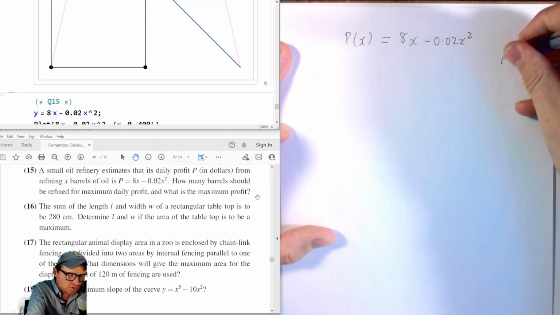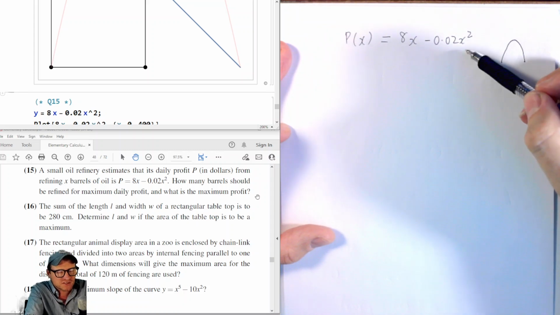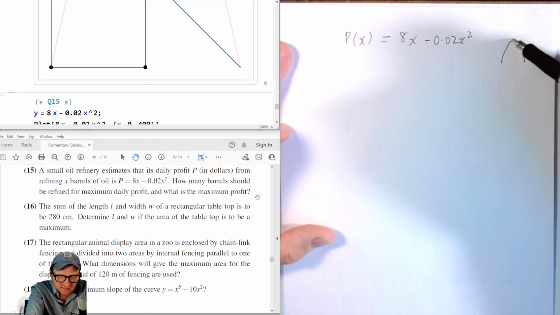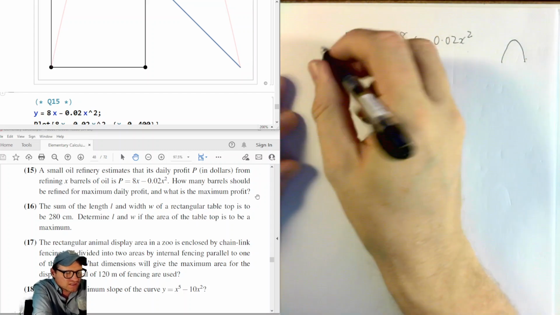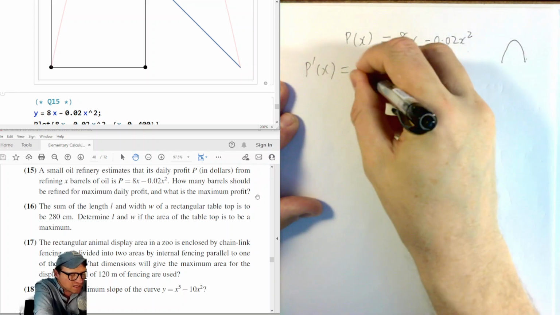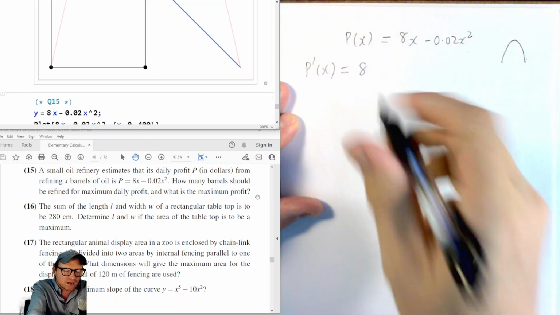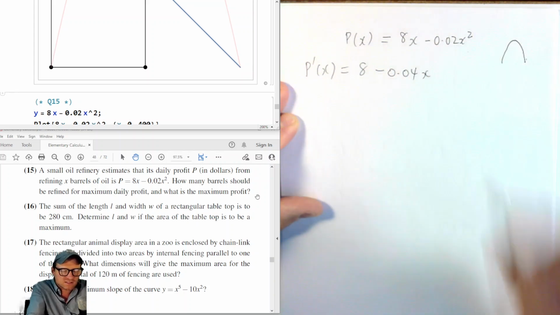Let's do a quick rough sketch. Looks something like this. The leading coefficient of this parabola is negative, so it has a maximum and looks like a frown face. So to do this, we need to take the first derivative, P dash of x is equal to 8, and bring the 2 down, so we have minus 0.04x.